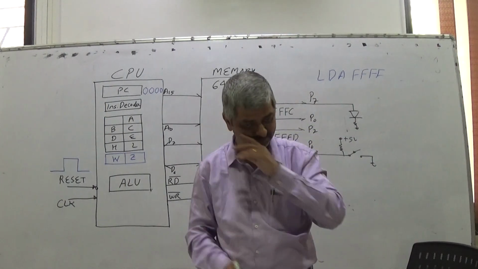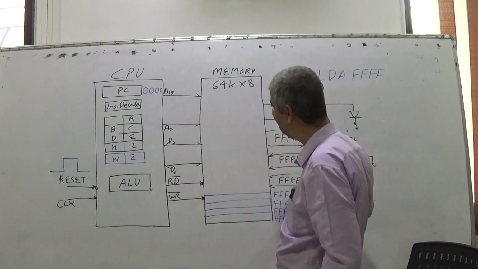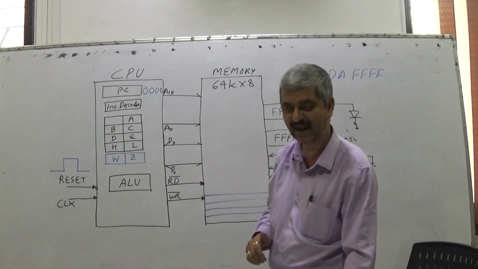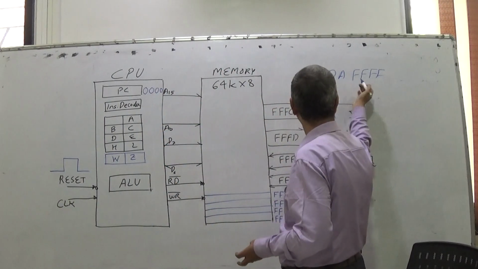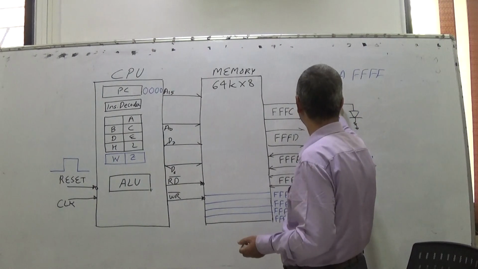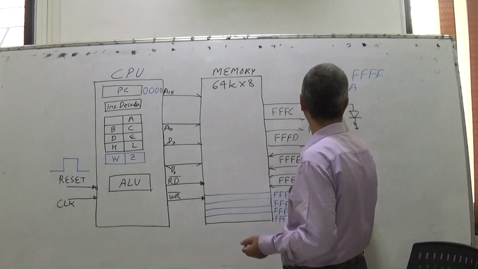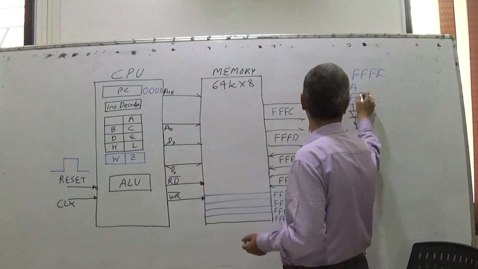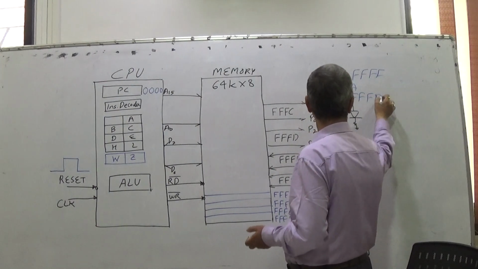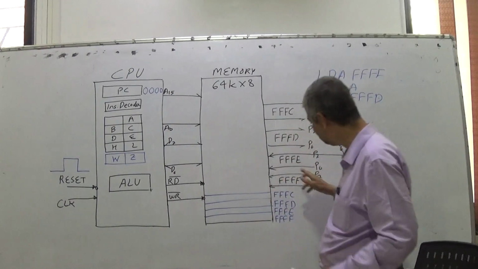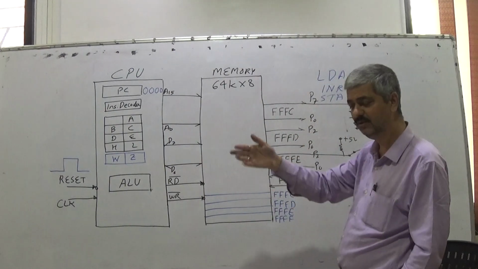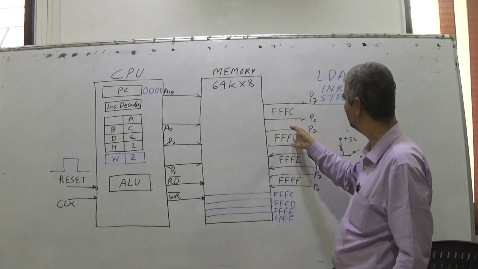Anything can happen. Whatever is put by me is read by the microprocessor, and when it does LDA FFFF, it will increment the accumulator A, and then it will store the accumulator at FFFD. So whatever I give here, we increment it by 1 and store it there.